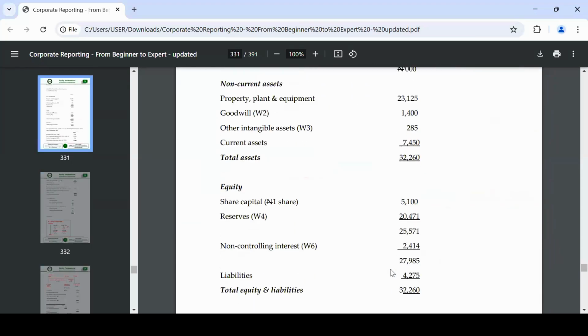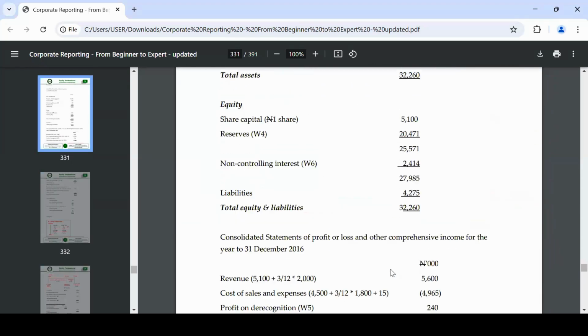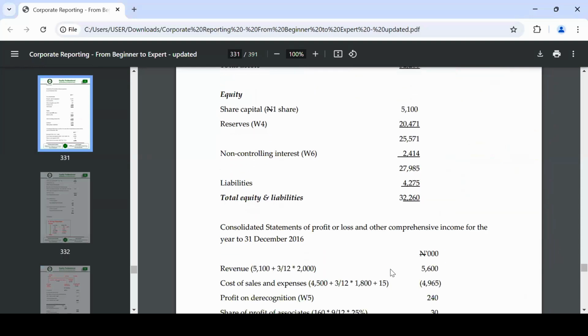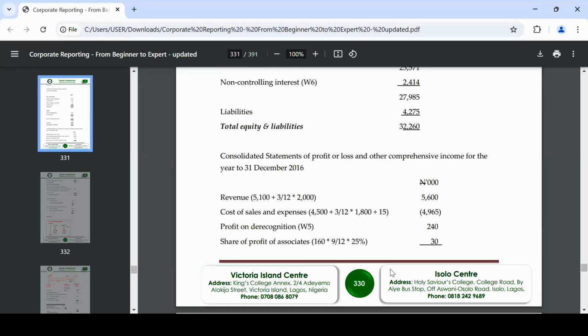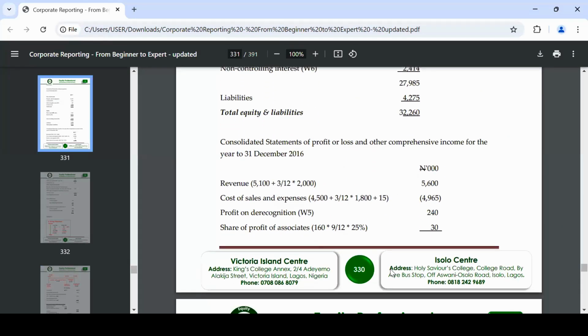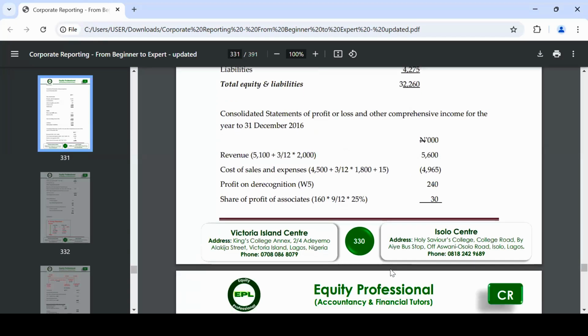So you simply add up your liabilities. That is how we came about the consolidated statement of financial position. Your profit or loss is quite straightforward. The only thing that is extra here, I have said, if you are confused, don't be confused, follow the timeline.